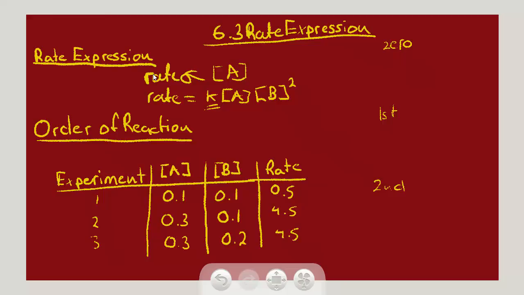So in this particular rate expression, the order of reaction is 2 plus the exponent for the concentration of A, which is 1. So the order of reaction is 3.